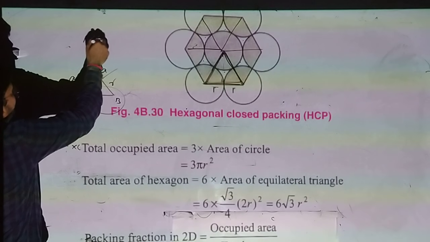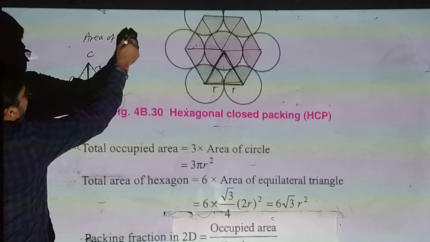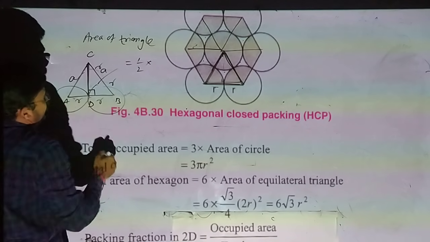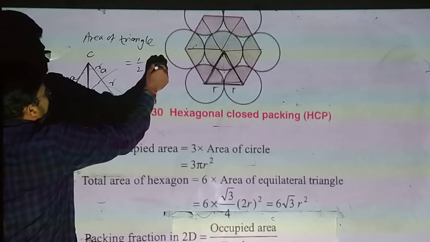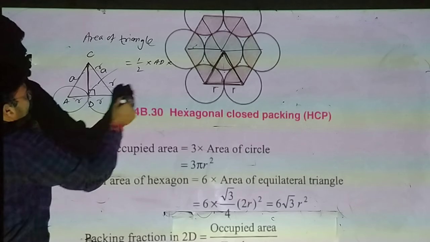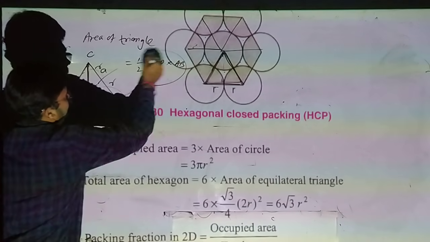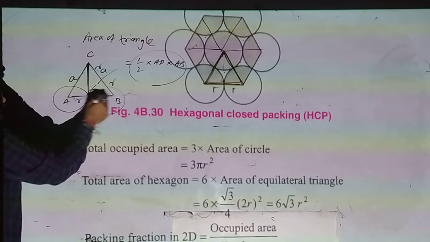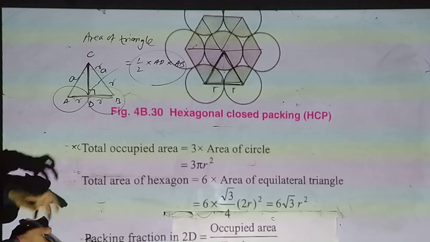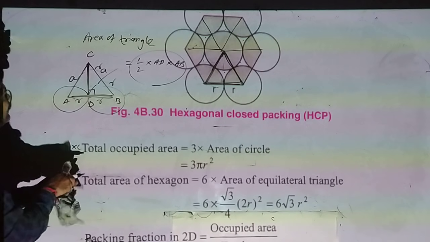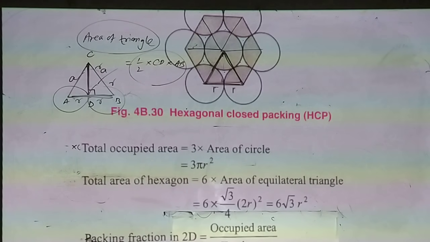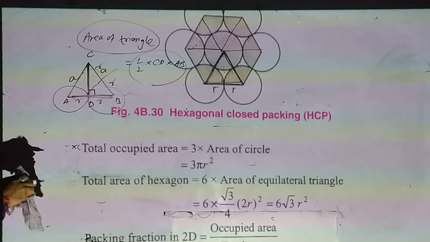Actually the area of a triangle is equal to 1/2 into AD upon AB, where AD is perpendicular to the base. Perpendicular is AD, CD. This is the formula for finding the area of the triangle.